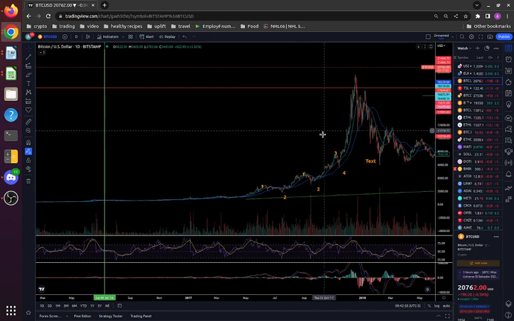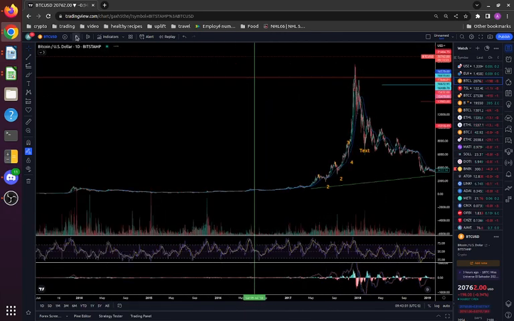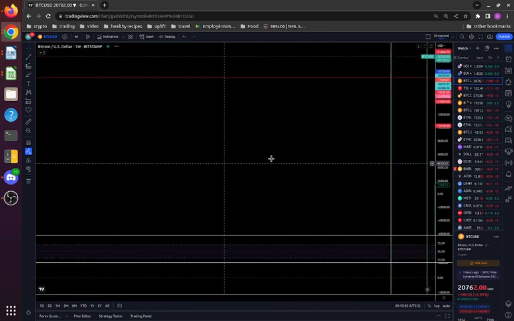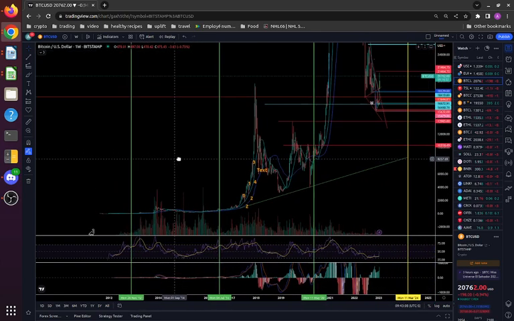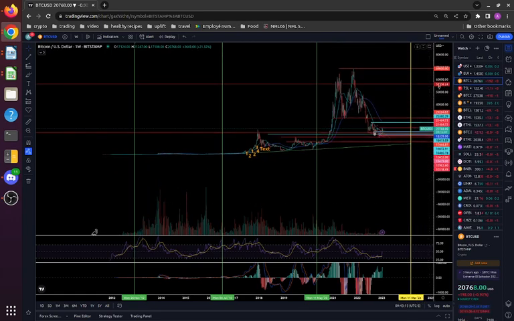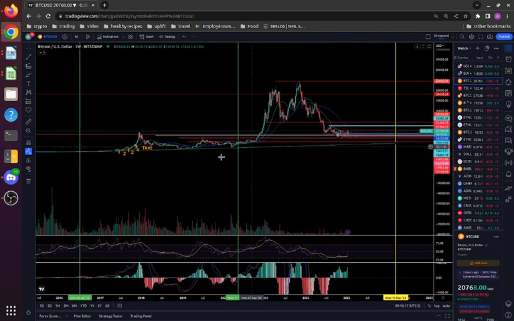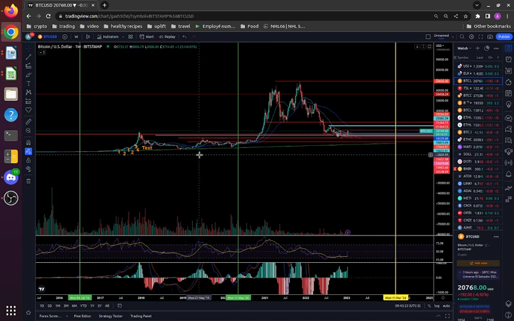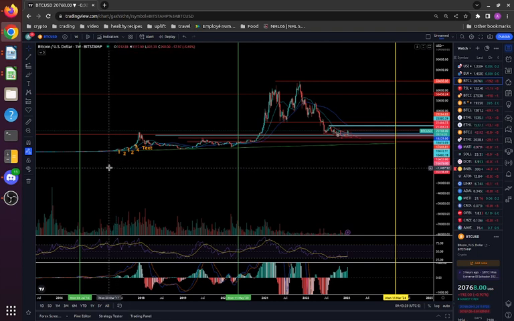So we are going now to, if I zoom out now, I'm going to put on a weekly one. And we're going to see how people are able to come up with this 100,000 expectation of Bitcoin. As we saw before, you can have multiple 1 2 1 2.